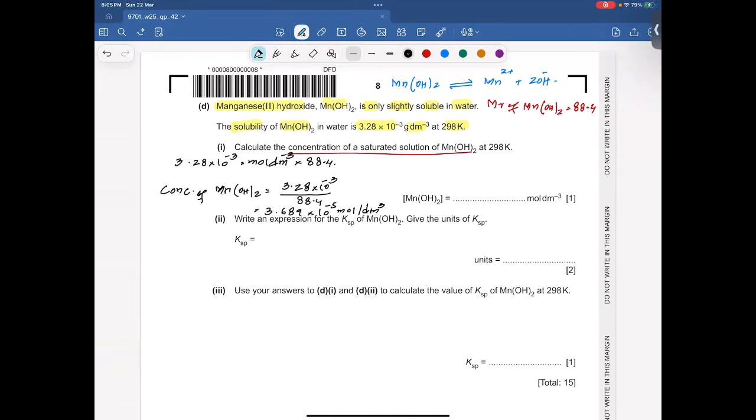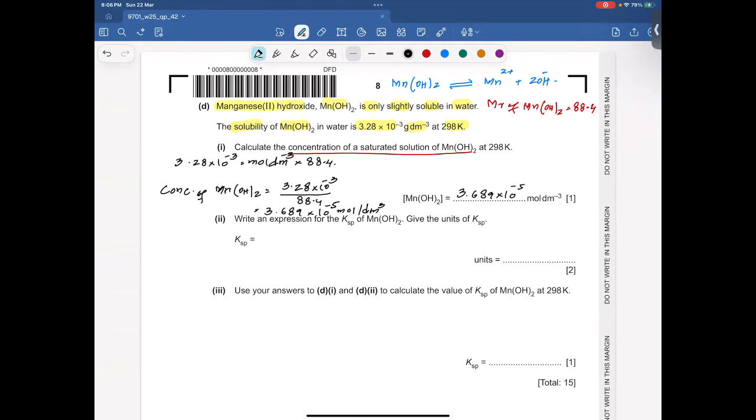By the way, solubility and concentration is the same thing. So concentration in gram per dm cube is given, and concentration in mole per dm cube we need to find out. So the concentration of magnesium 2 hydroxide is 3.689 into 10 to the power minus 5. Okay.